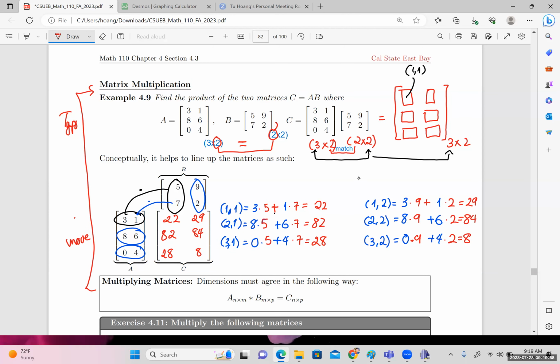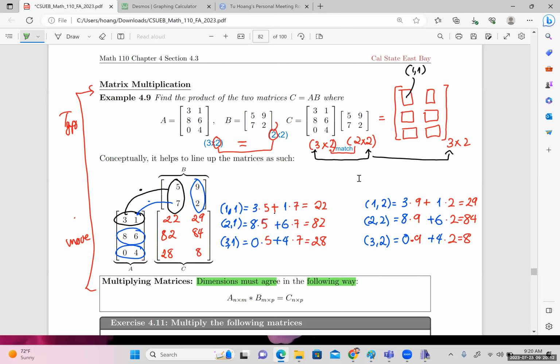So as you see, multiplying matrices, we need the dimensions to agree in the following way.